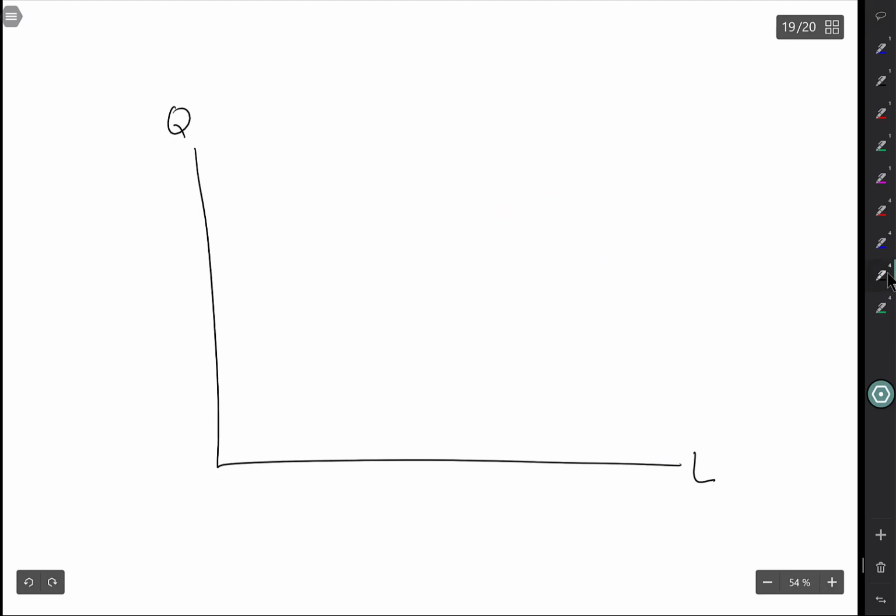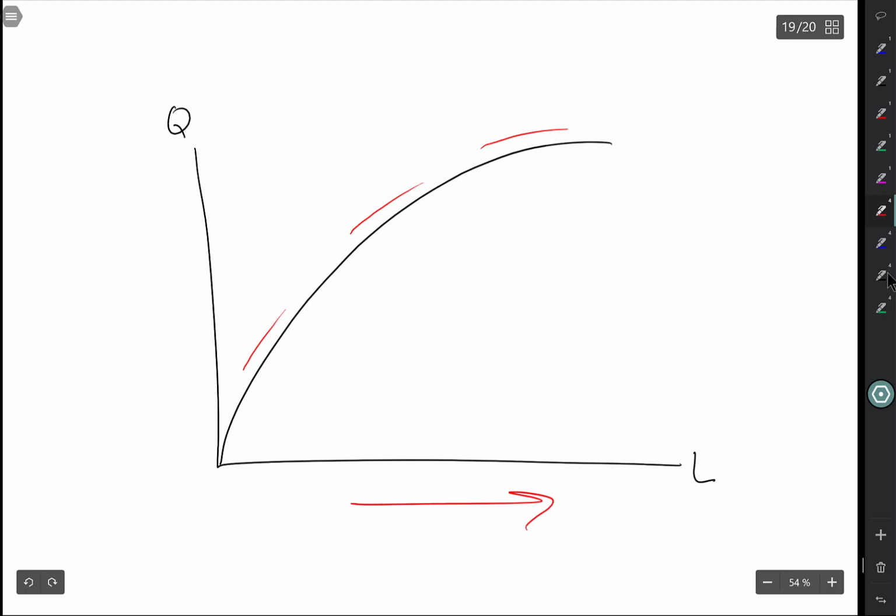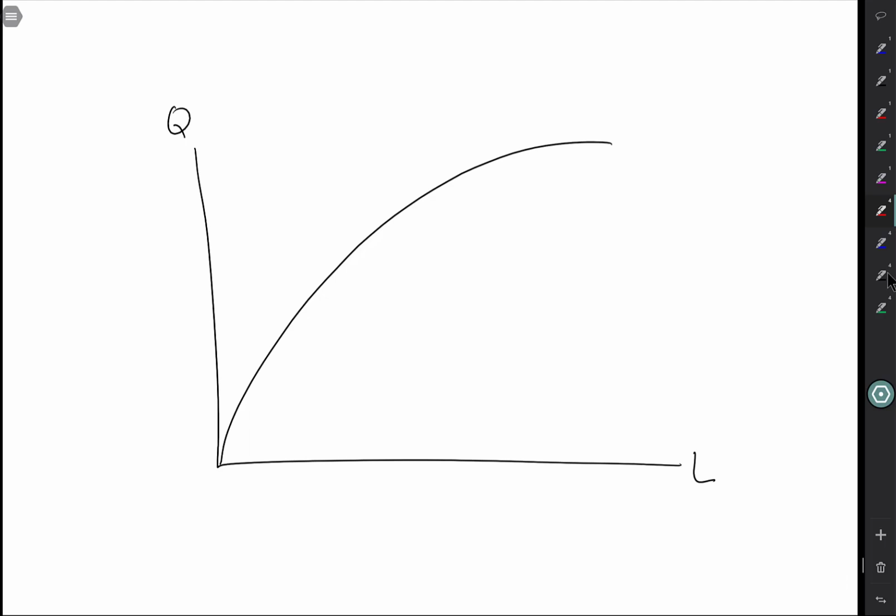Also, let's go back to this one, which shows diminishing returns, because that slope is getting flatter as you add more labor. And what else did I want to tell you about this? That the production function is also known as the total product curve.